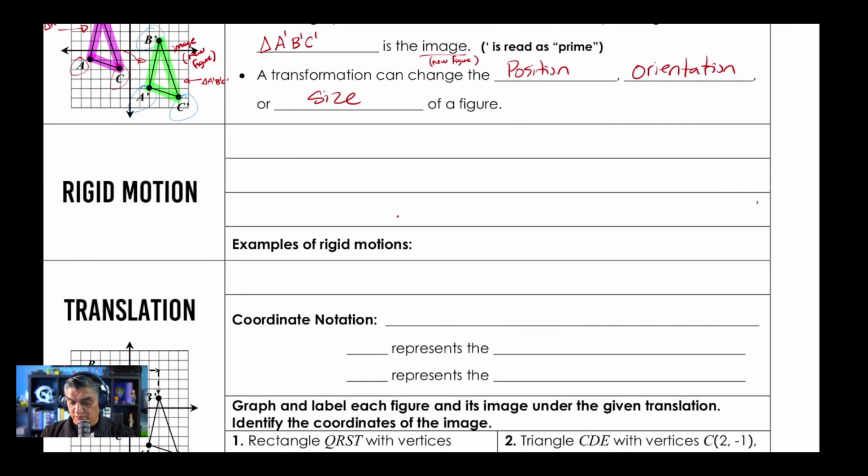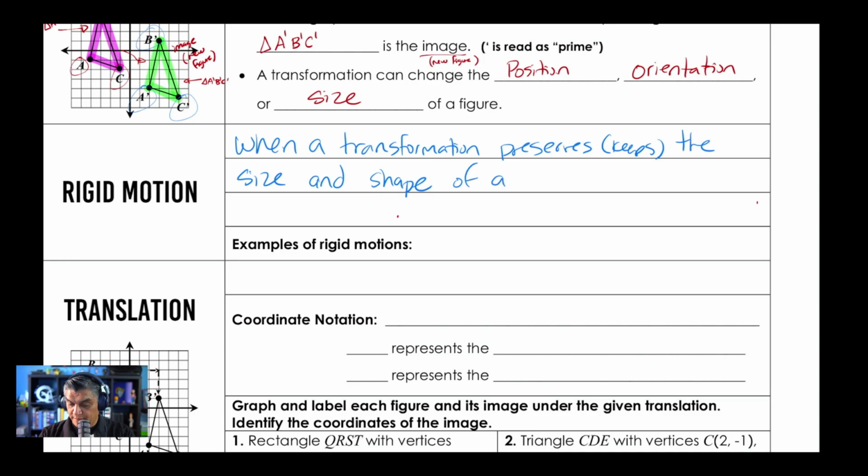Rigid motion means when a transformation preserves or keeps the size and shape of a figure. Okay, that's the definition. Rigid motion means when you move it, but you preserve, you keep the size and shape.